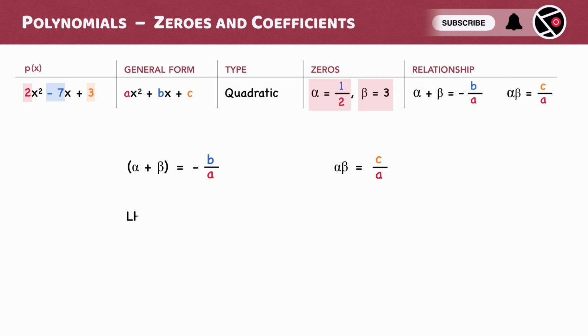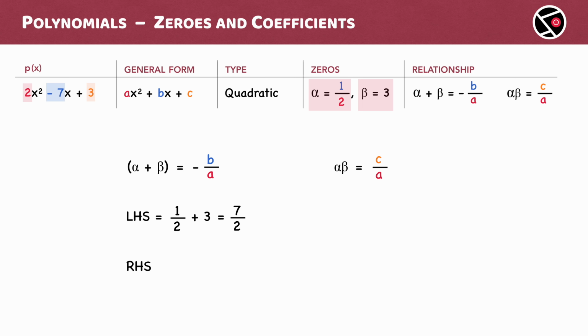On the left hand side, alpha plus beta equals 1 over 2 plus 3, which gives us 7 over 2. On the right hand side, minus b over a becomes minus of minus 7 over 2, which is again 7 over 2. So the left hand side equals the right hand side.